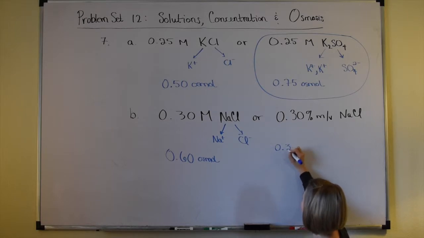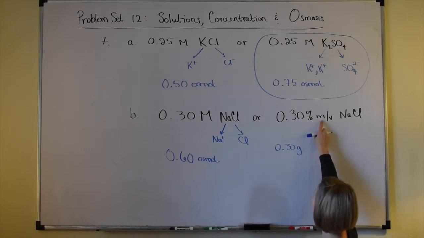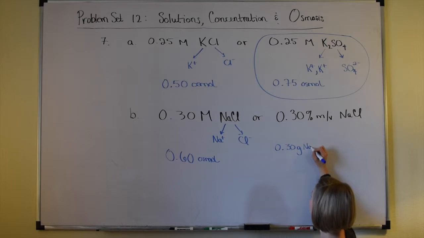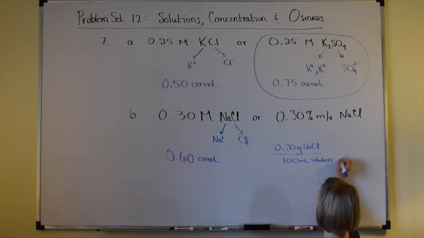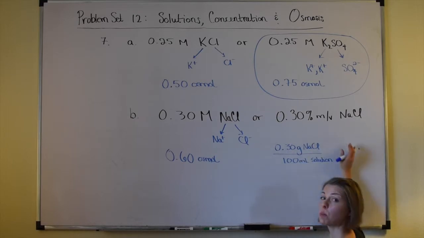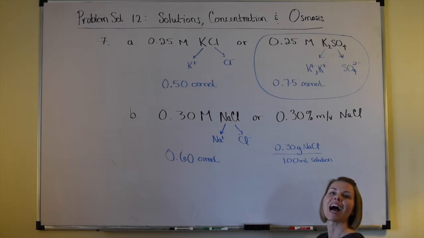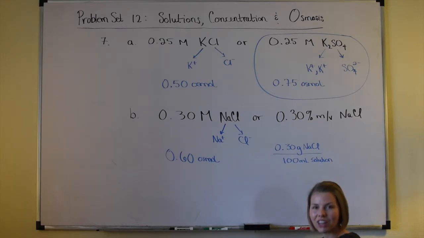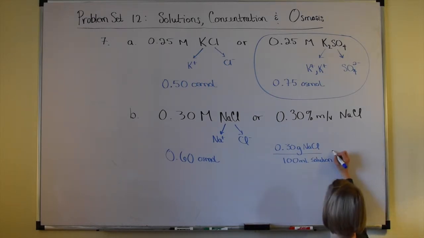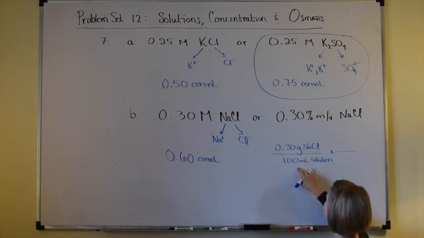So we've got 0.30 grams of sodium chloride per every 100 milliliters of solution. We need to convert grams into moles and milliliters into liters so that we will have moles per liter, molarity. Okay, so let's first do the easy part. Let's convert milliliters into liters.